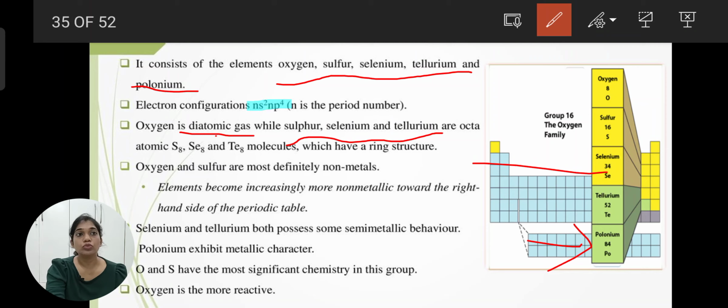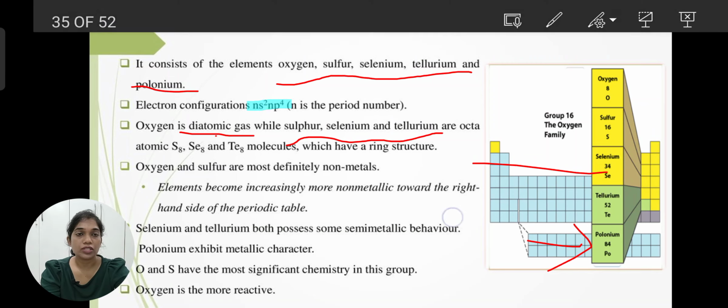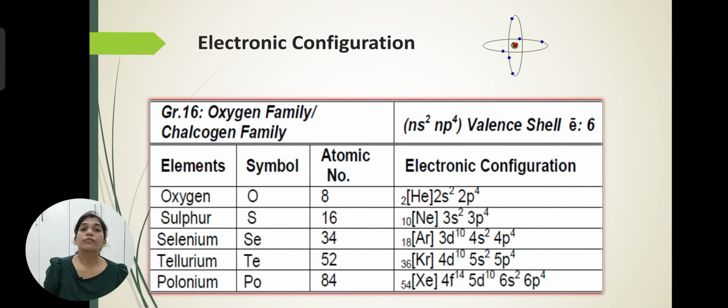Now let's move towards the electronic configuration of the oxygen family. You can see that the family consists of oxygen, sulfur, selenium, tellurium and polonium with atomic numbers 8, 16, 34, 52, 84.